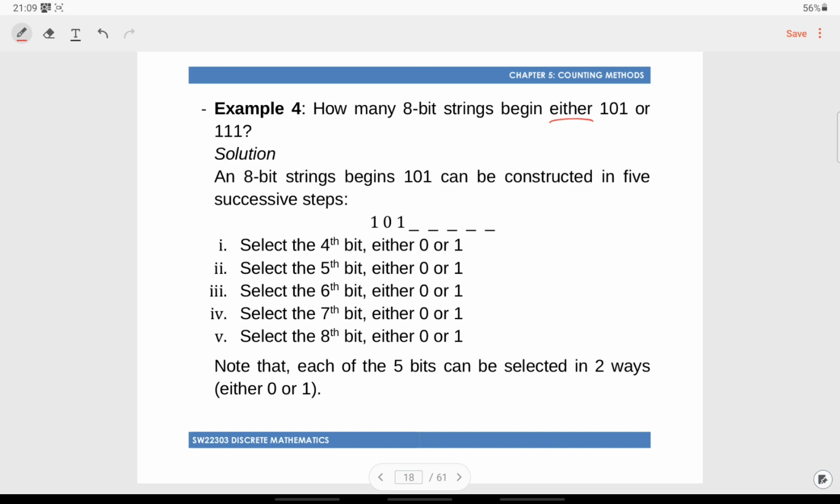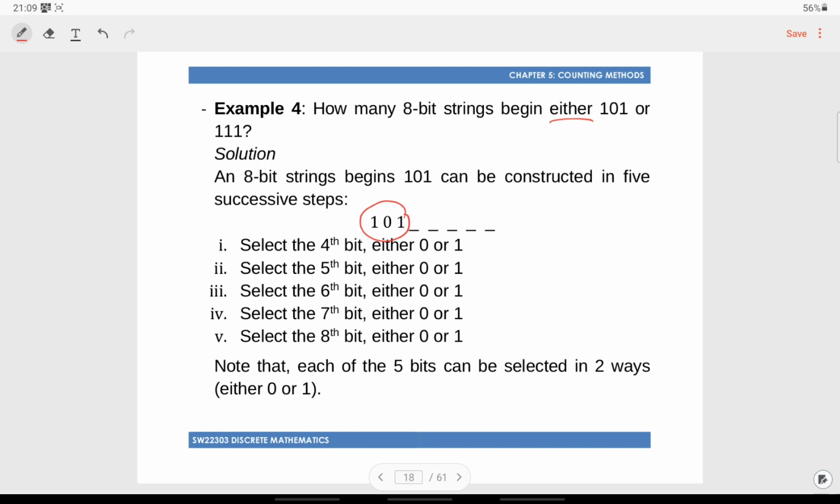An 8-bit string that begins 101 can be constructed in 5 successive steps. We put the starting elements in front, and we leave the remaining elements as empty spaces to be filled. We start with the first step, which is to select the 4th bit.